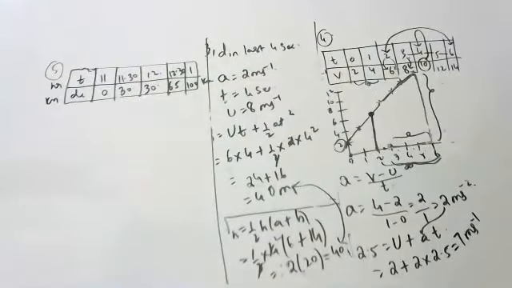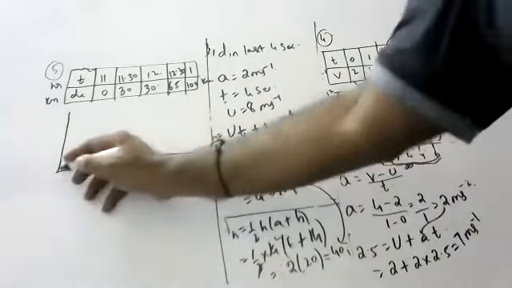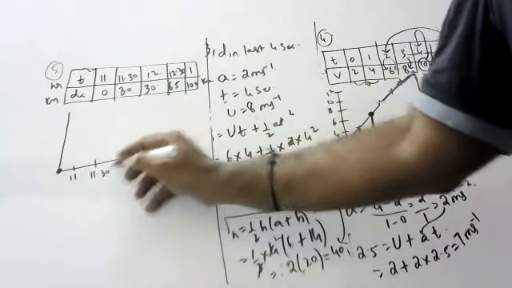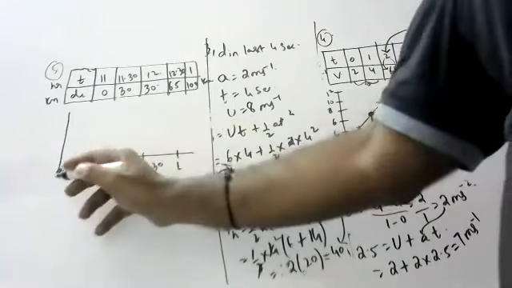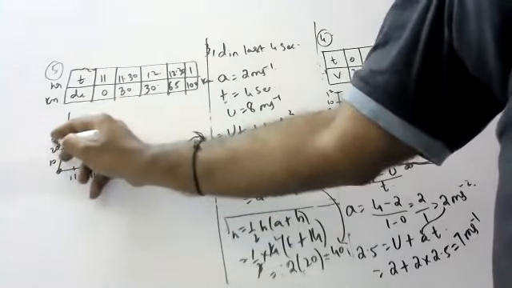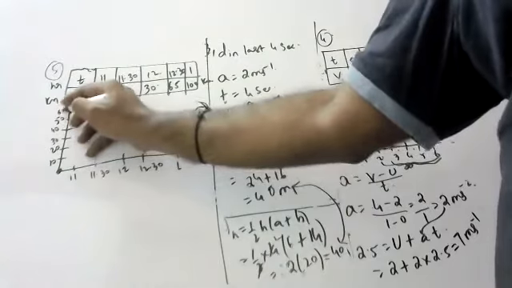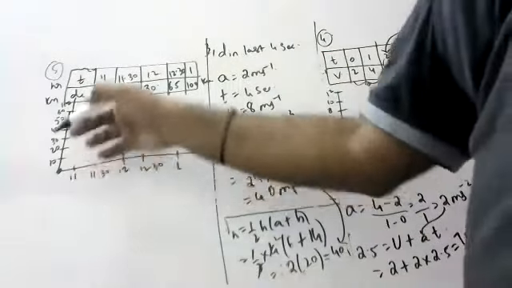So first question, children, plot the distance time graph. This is 11, 11:30, 12, 12:30, 1. Okay children, the distance is 10, 20, 30, 40, 50, 60, 100 also is given. At 11 o'clock it is at 0.